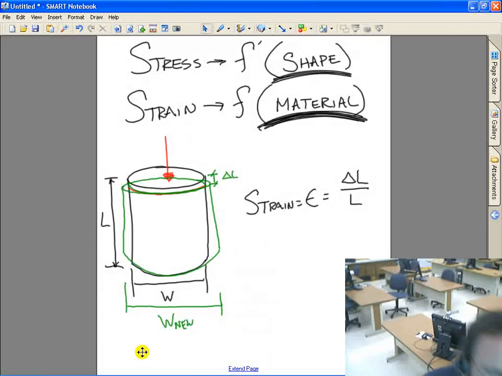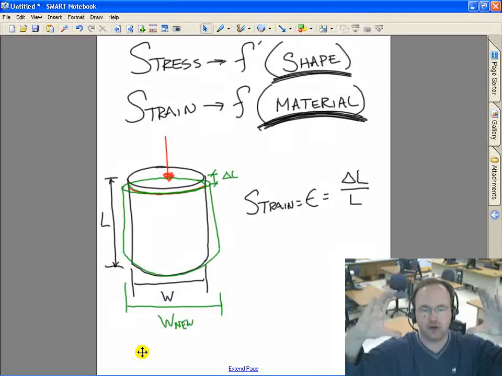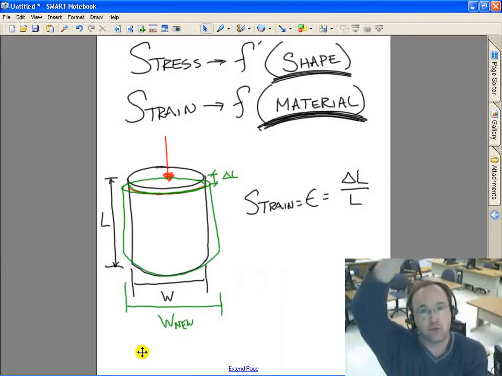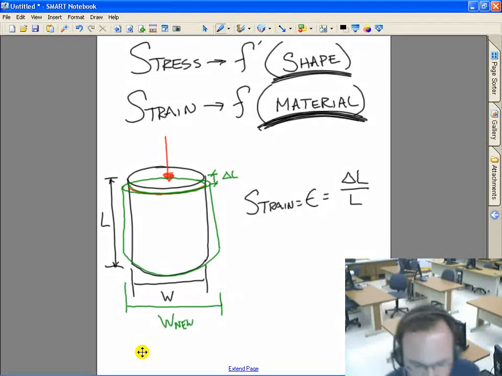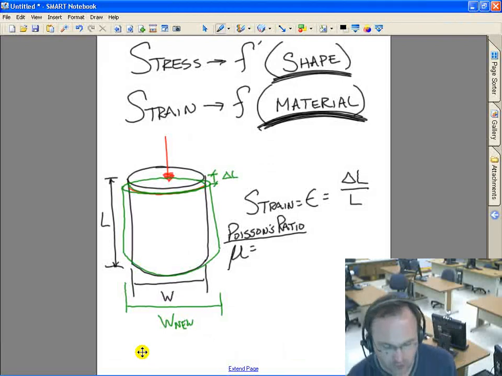So, as you can see, the thing's going to bulge out. Its diameter is going to increase as we compress it. This is called another strain because it's straining outward also as we compress it down. There's a relationship between the two. It's called U, which is called the Poisson's ratio, which relates this effect.